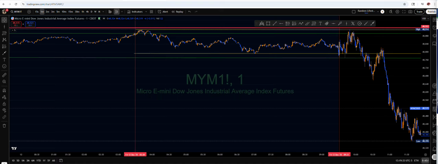Thursday we have five. Then on Friday it's something simple, we just got orange folders, but Tuesday's gonna be busy. On Monday we don't really have too much, we just got the Empire State Manufacturing Index. That's about it.